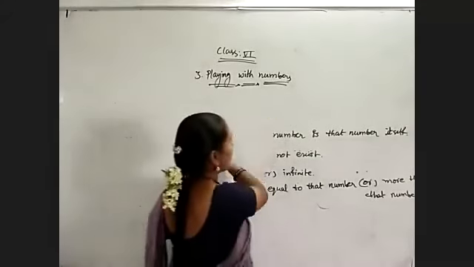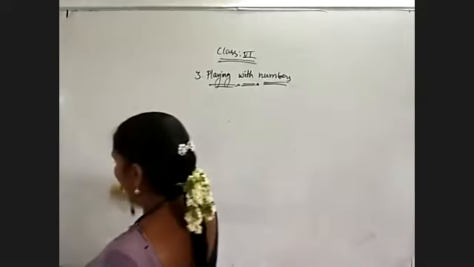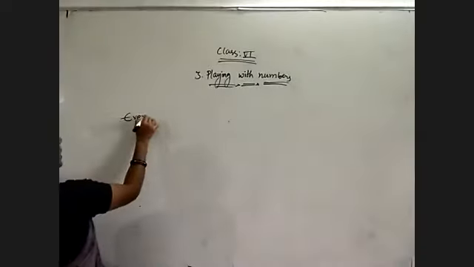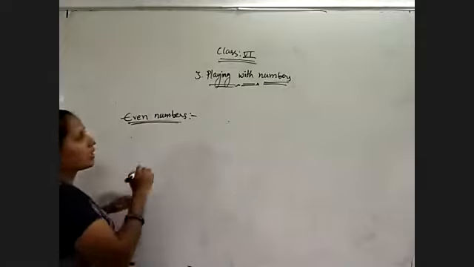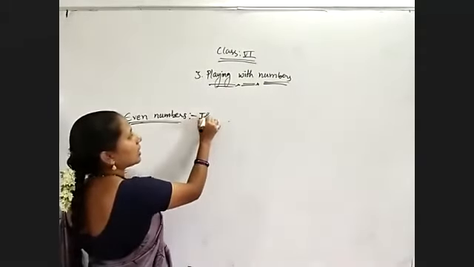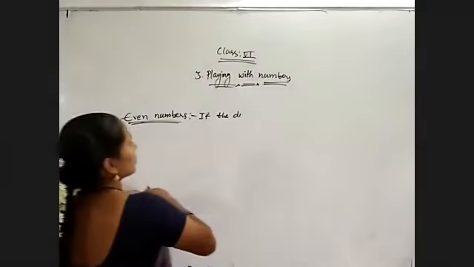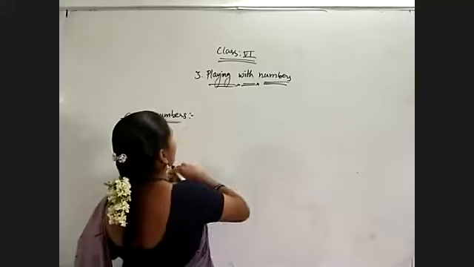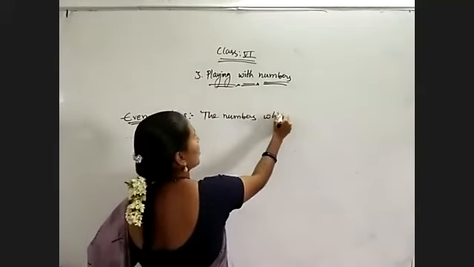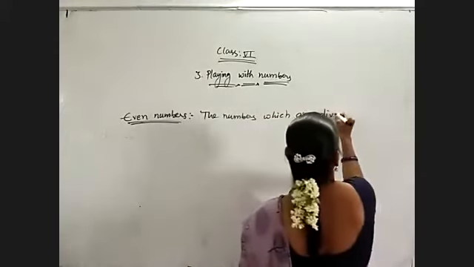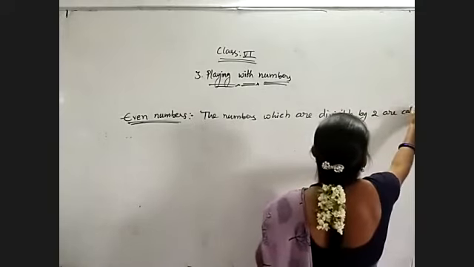Before that, first of all, I will tell you what are even numbers, what are odd numbers. Even numbers are nothing but the numbers which are divisible by 2 are called even numbers.